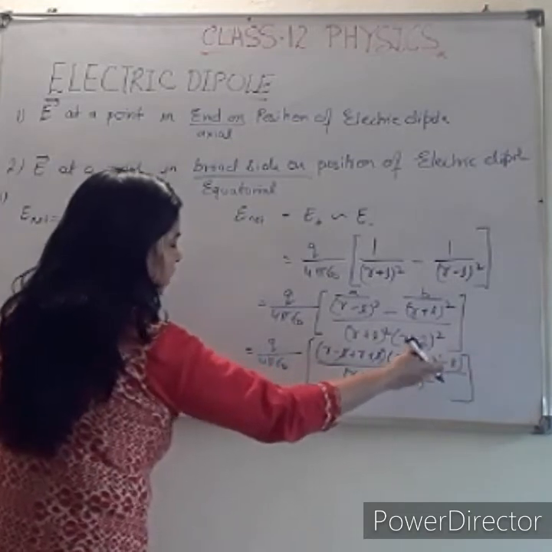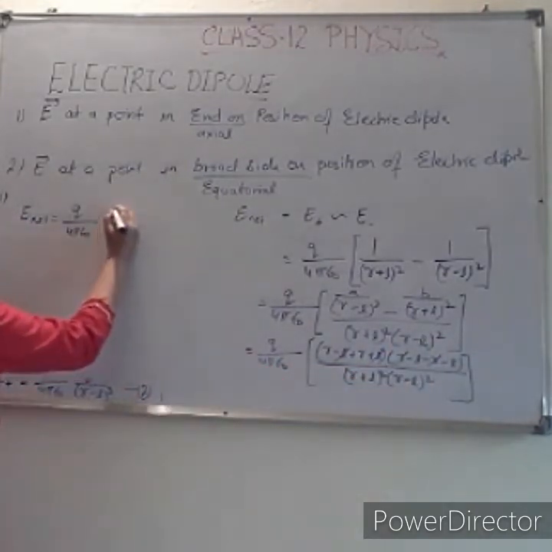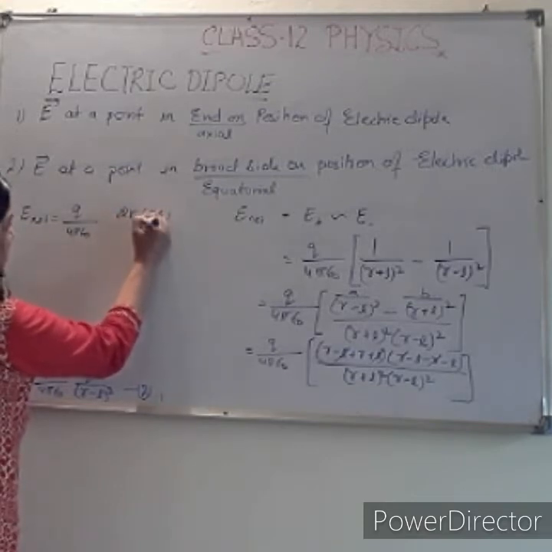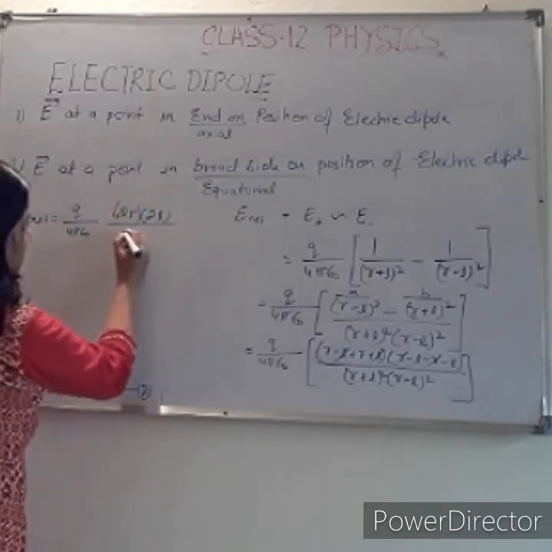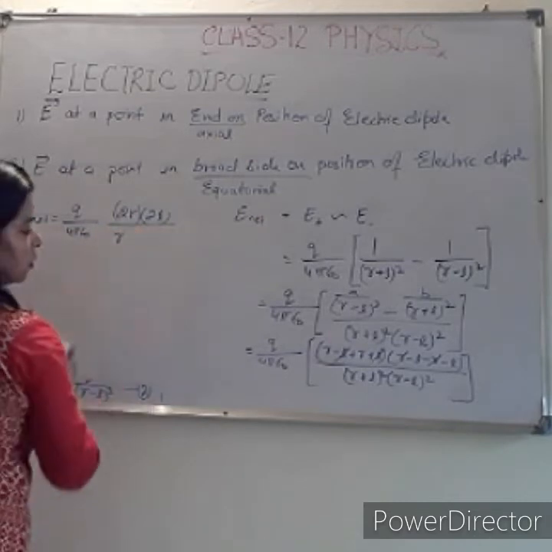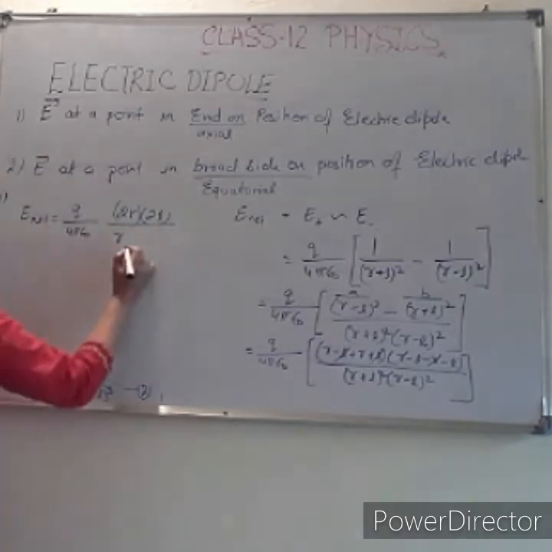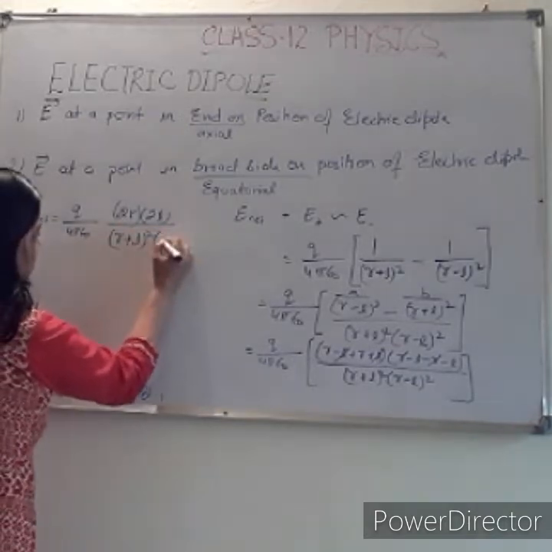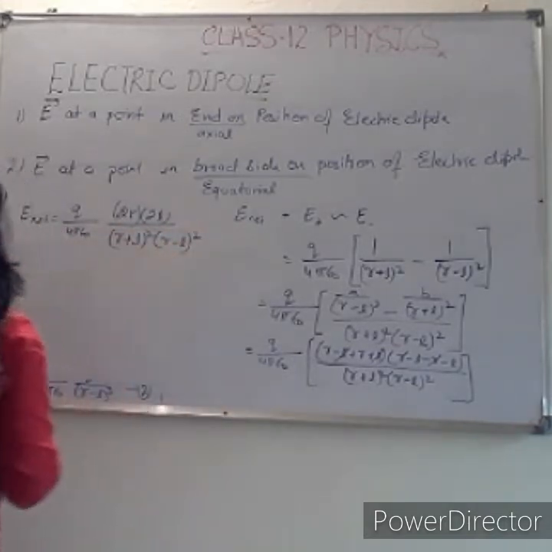Minus two terms you have to take with the plus sign. So here 2R and 2L divided by R plus L whole square, R minus L whole square.